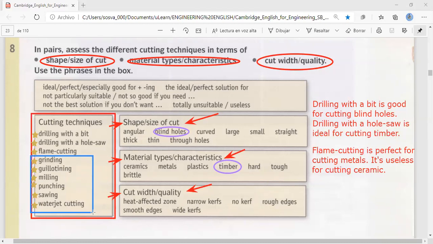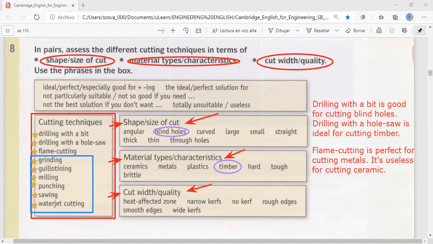And I can use milling to cut thin materials and large pieces of material. Or it is the best solution for cutting iron. Stuff like that. Those are the ones that you're going to write about each technique.